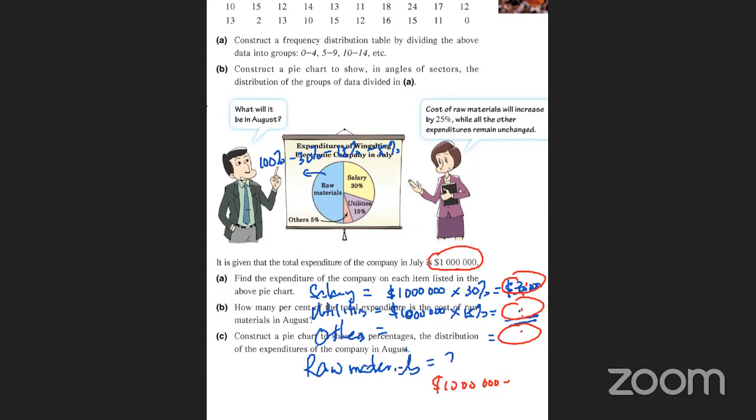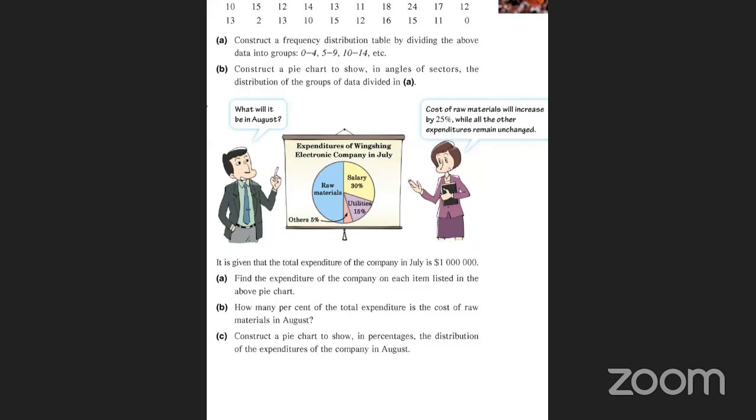You see this, right? I cleared it now. Now look at part B. How many percent of the total expenditure is the cost of raw material in August? Now, this part is a bit difficult. Now, be very careful. In August.